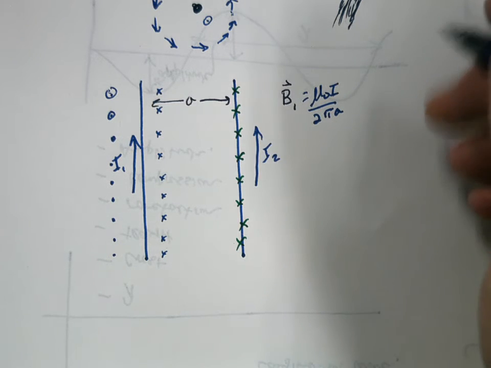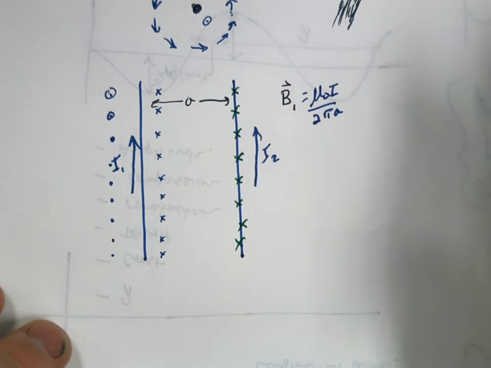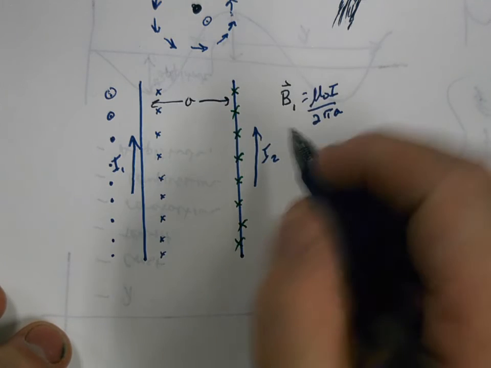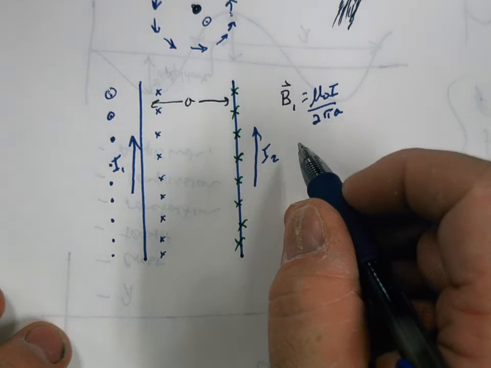Okay, well, what do we know about the force? And I don't think I've actually introduced you guys to this part. The force that 2 experiences, hold on, let me make sure I'm getting this right.